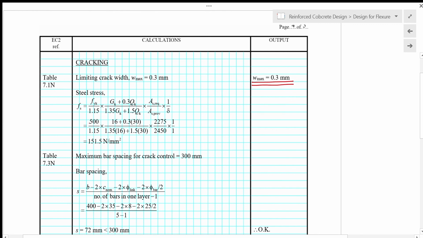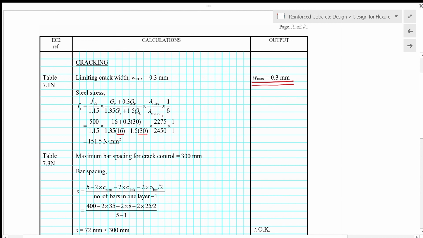So just substitute all the values: characteristic strength of reinforcing steel of 500 megapascal, GK is 16 kilonewton per meter length, QK is 30 kilonewton per meter length, and 1.35 GK plus 1.5 QK as denominator there.